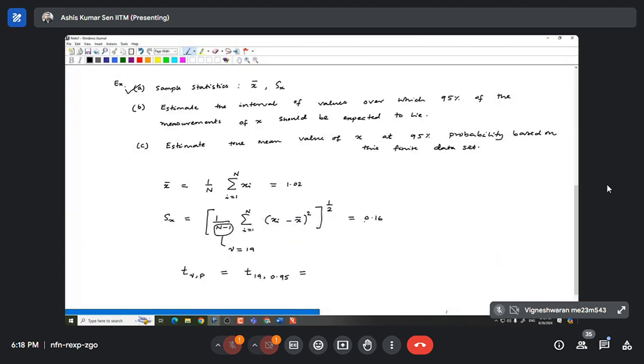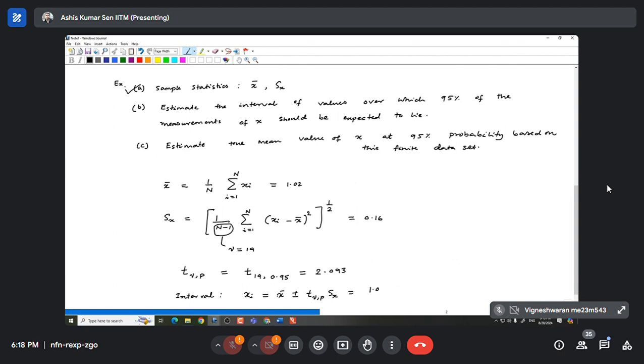So we note down here 2.093. So I can now find the interval. The x̄ value will be 1.02. By definition, it is x̄ plus minus t_{ν,P} times Sx.